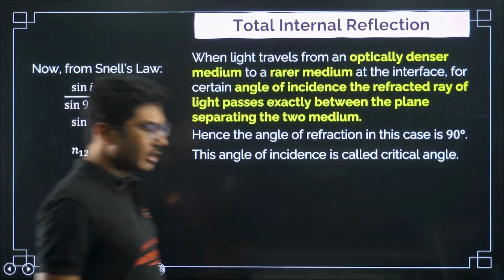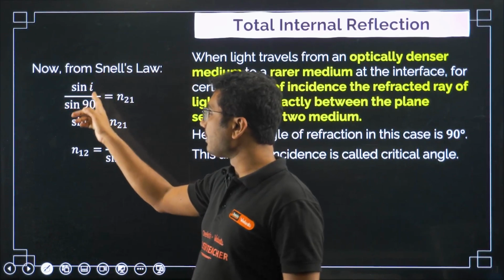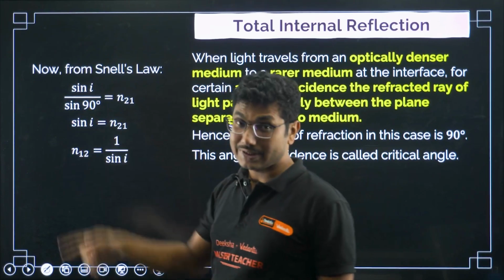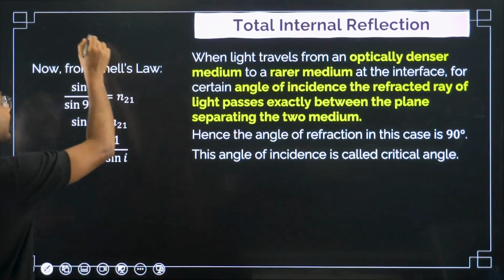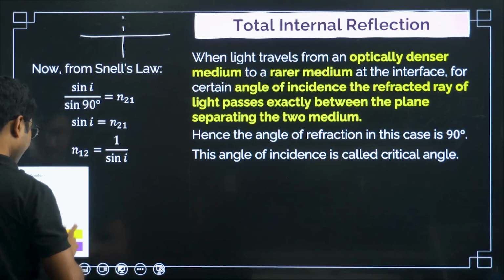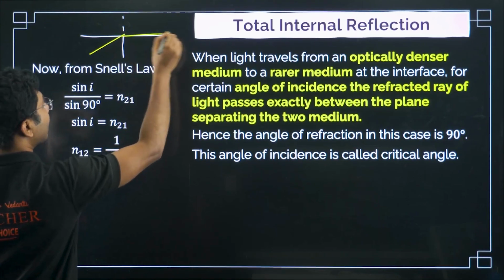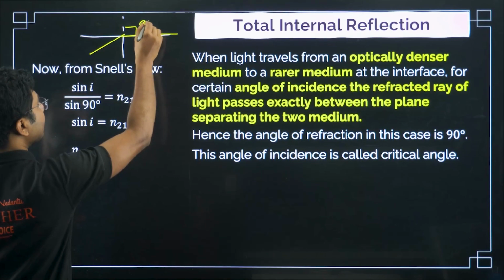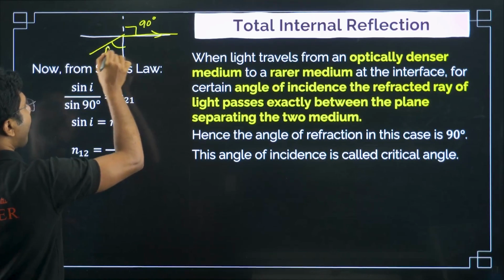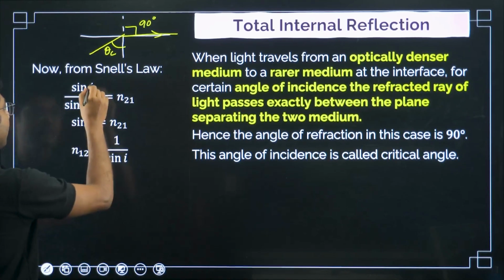Now from Snell's law, let us try to find the critical angle. From Snell's law, sin I by sin R equals the refractive index, right? So sin I by sin 90. For that case we will only draw the critical angle case now. So this was our angle of incidence and this was our angle of refraction. This is 90 degrees, so this is theta c.